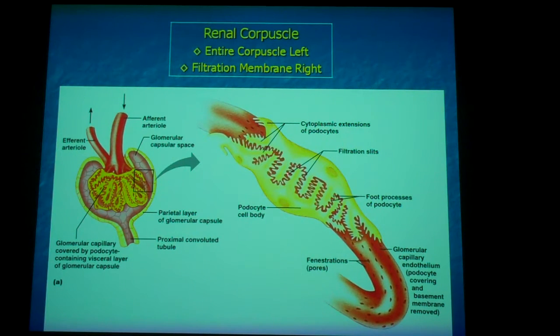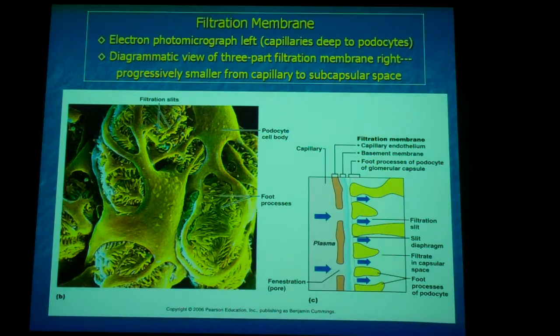All right, so this right here in yellow, you see, is going to be this epithelium here. But now we're seeing some detail here, because this epithelium that covers the capillary has little extensions called foot processes. They're podocytes with their foot processes.